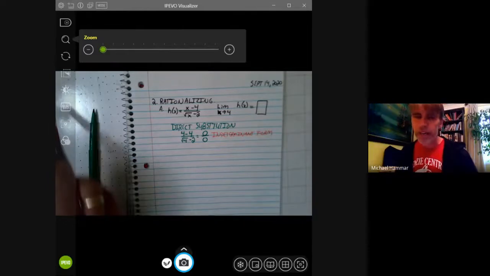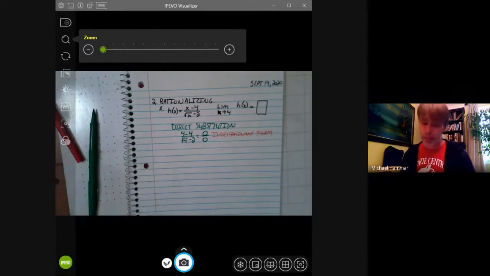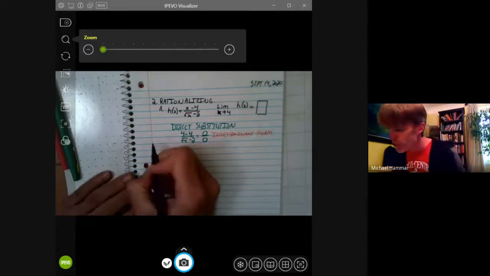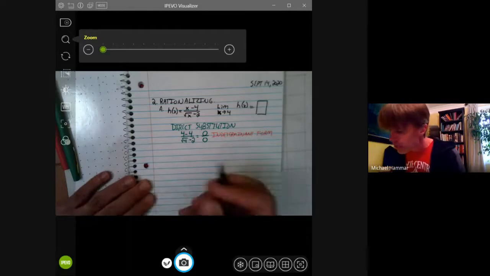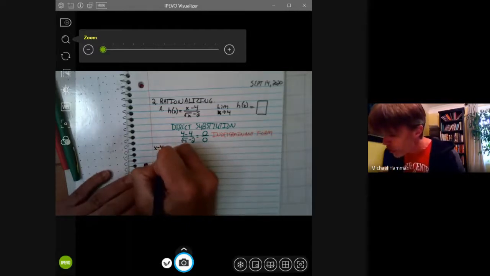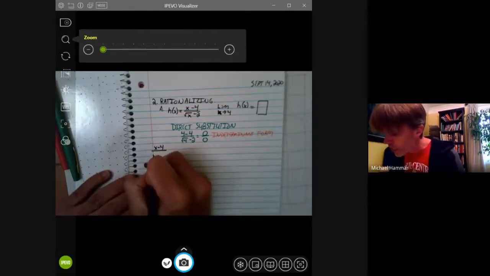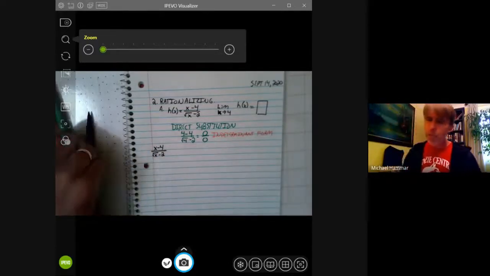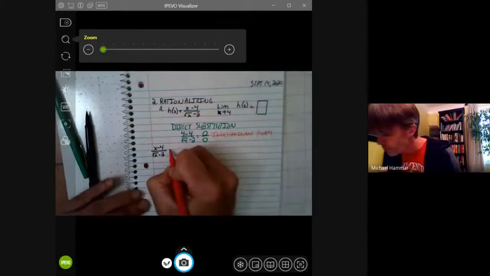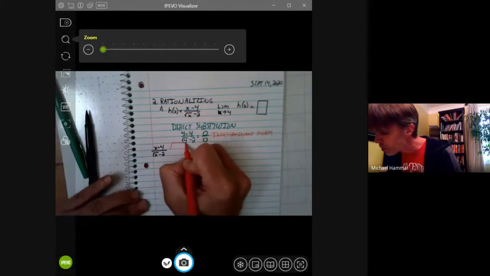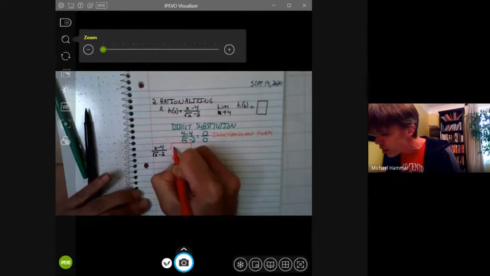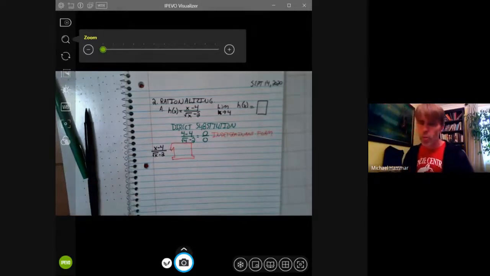As soon as you have that, you know that you can do something to figure it out. In the previous example, we factored. In this example, what we're going to do is something called rationalization. So I'm going to rewrite the function right over here, and we're going to review how you rationalize. Okay? If you remember about rationalization, the only thing you can multiply this fraction by is something that is equivalent to the number 1.